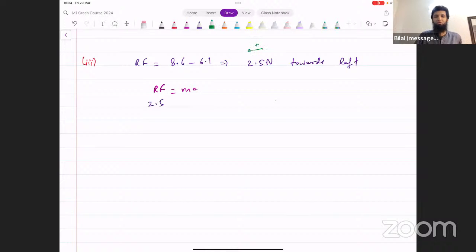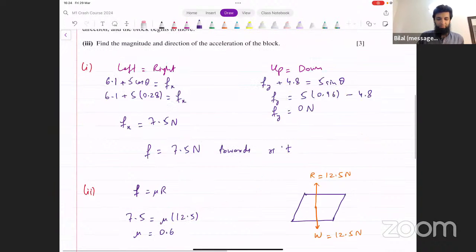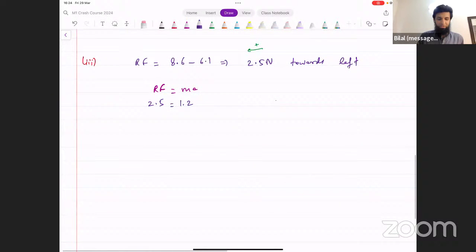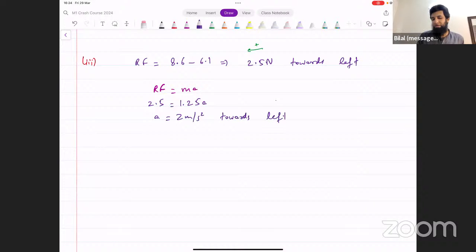Because the object is going to move towards the left, since the force acting towards the left side is greater. 2.5 equals mass, which is 1.25, into acceleration, and that's going to give you acceleration equal to 2 meters per second squared. And they also asked us for directions. We have to write it explicitly. It's towards the left side. That's the acceleration and the direction of acceleration. Make sense? Yes, sir.